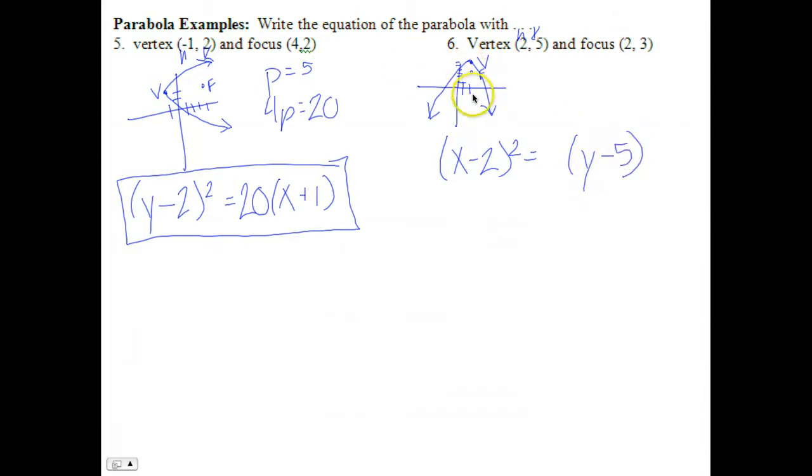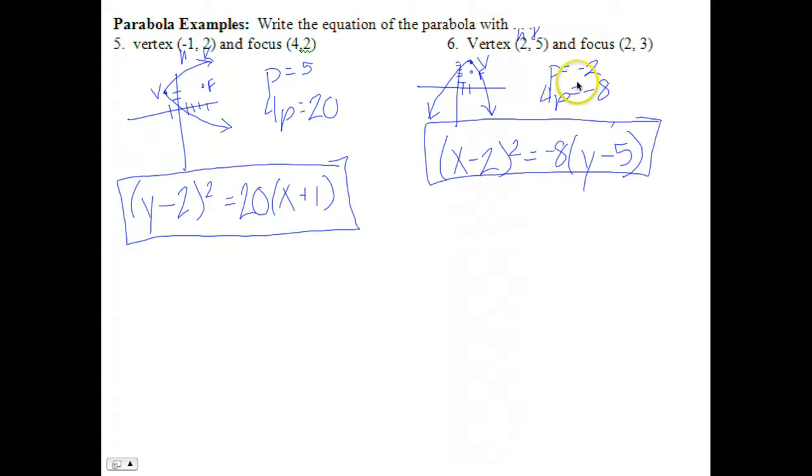Now keep in mind, since it is opening down, our p-value here will be negative. So the distance once again from the vertex to the focus is 1, 2, but since it's down 2, our p-value is negative 2. So 4p, 4 times negative 2 will be negative 8, and that will go in front.